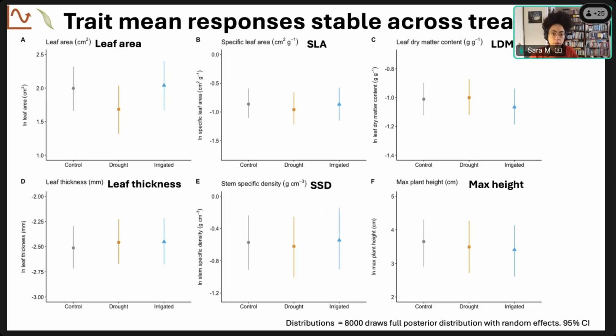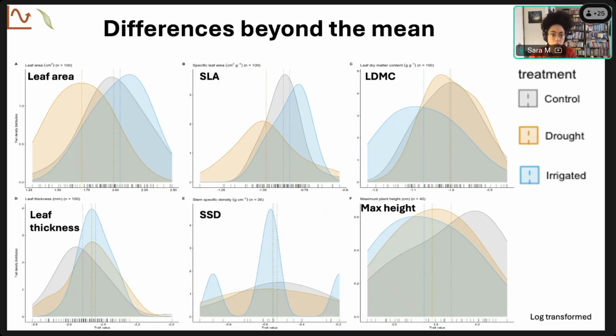But if we think about beyond the mean and look at the trait space, we can see here again for the same 6 traits their density distributions. You can see that there are differences beyond the mean, and we'll ignore stem-specific density with that strange trimodal distribution. I think there wasn't enough data for that, so it was acting a bit weird. I don't think there's anything biological going on there.